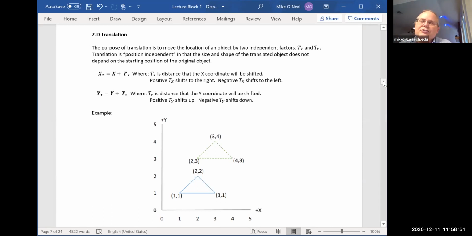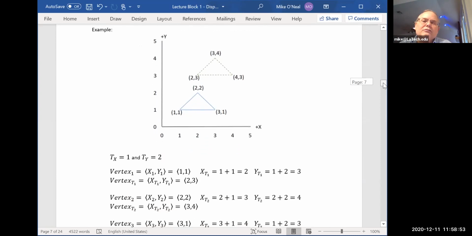We need to show that this really does work. Here's an example. I'm going to translate 1 over in X and 2 up in Y. Here's a little object, a little triangle, with points (1, 1), (2, 2), and (3, 1).